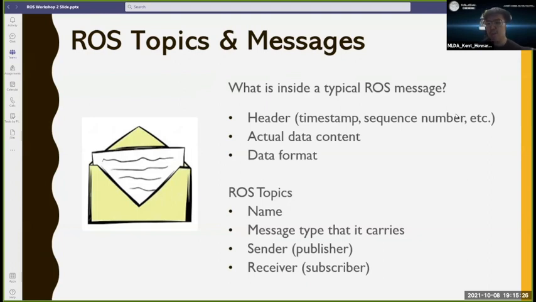The actual data content is the important stuff, like the image data, for example, the pixel values of the image. And the data format explains what the width and height of the image data are, and so on. Maybe it's better if I show you an example.